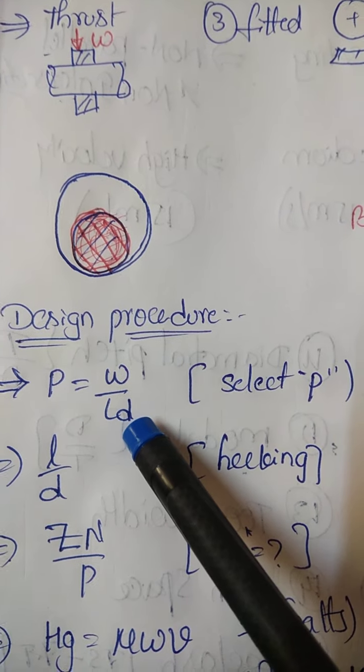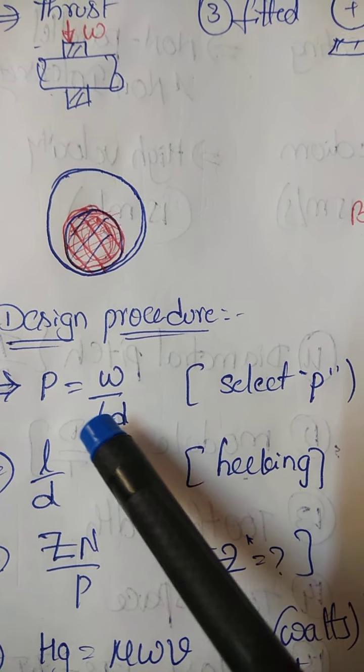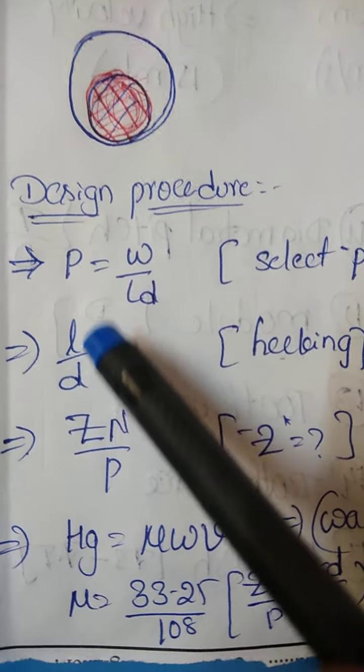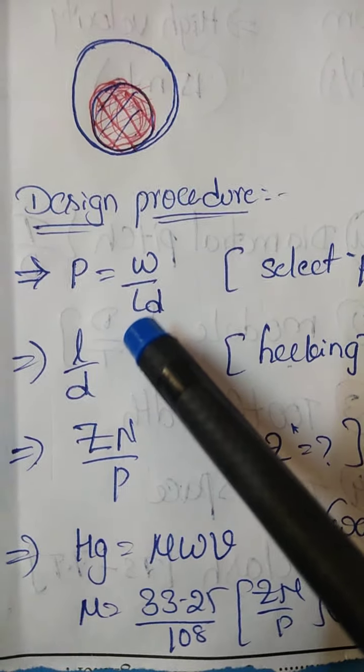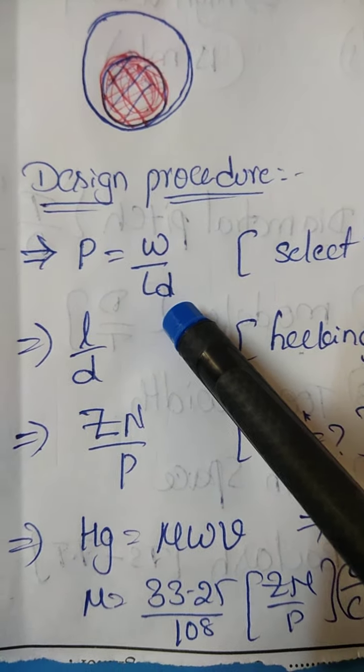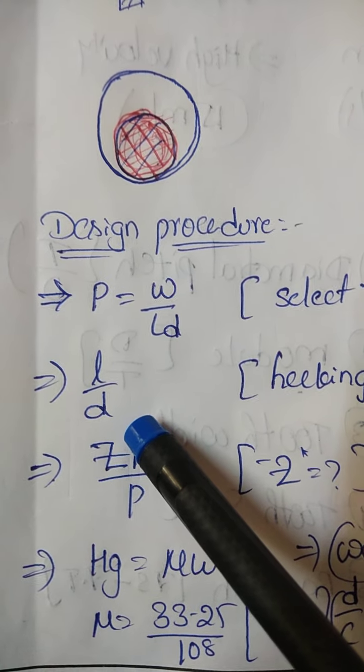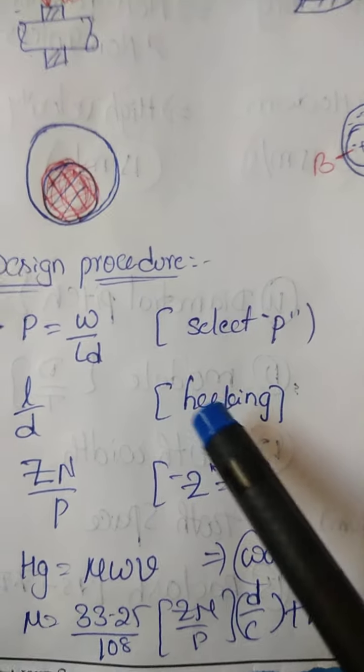Then L by D ratio: we have to find out the L value and D value, the length of a bearing and the diameter of a bearing. After finding the length value and diameter value of your bearing, you have to find out the length to diameter ratio, and it should be compared with the design data book. That is nothing but checking.